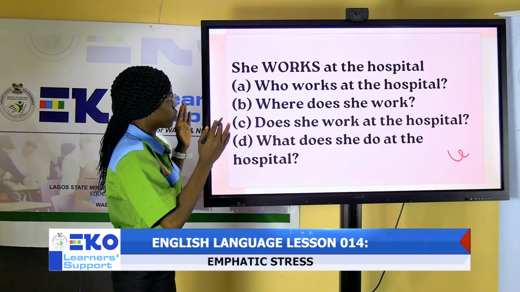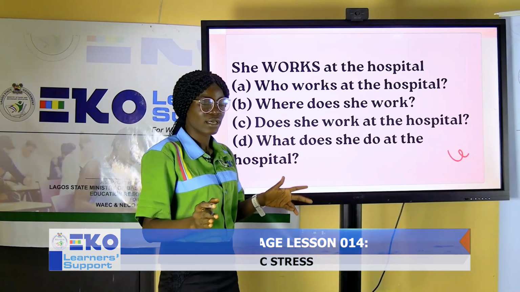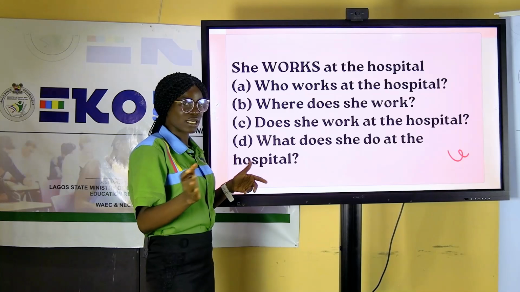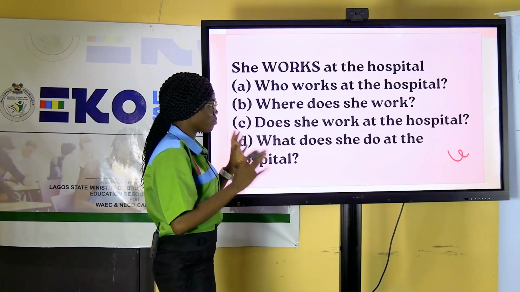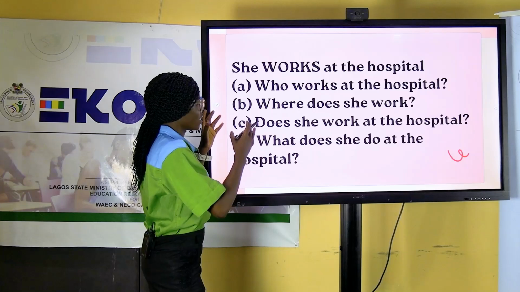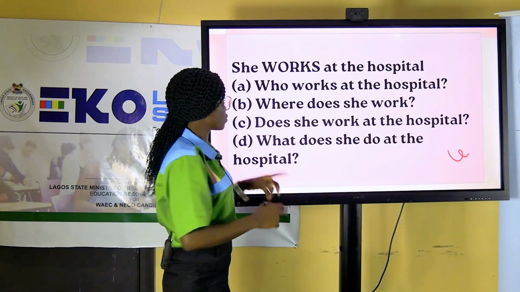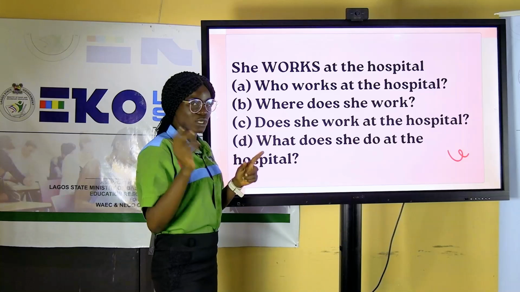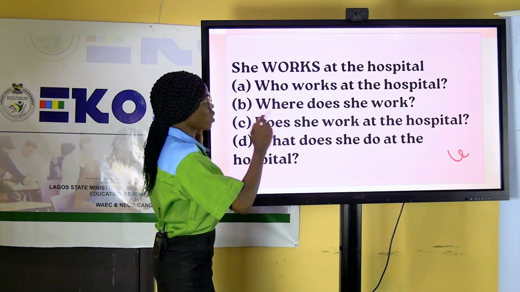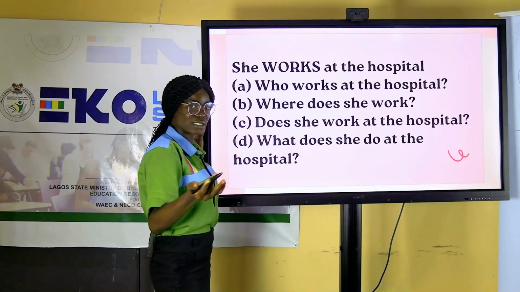Now, this one is a little bit different from the ones we've been doing since the beginning of this class. Now look at it, pay attention to it. Any of these options that answers the question, she works at the hospital, is going to be your answer. Now, all these are interrogative sentences.